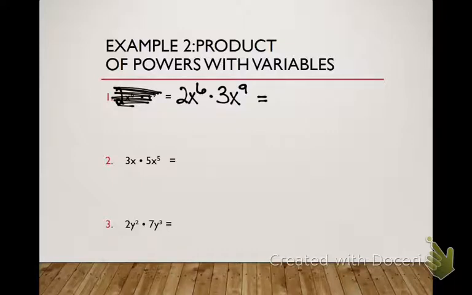So here's what I can do. I can multiply the numbers together. 2 times 3. What's 2 times 3? 6. And now I take my common variable and I can add my exponent values. So I multiply the numbers, take my common variable, and add my exponents together to make 6x to the 15th power.